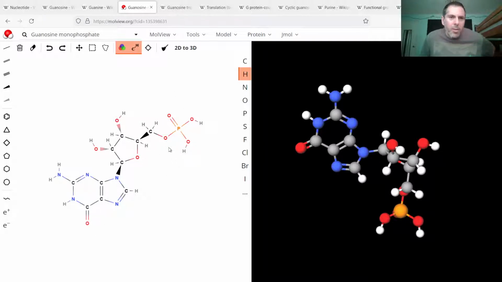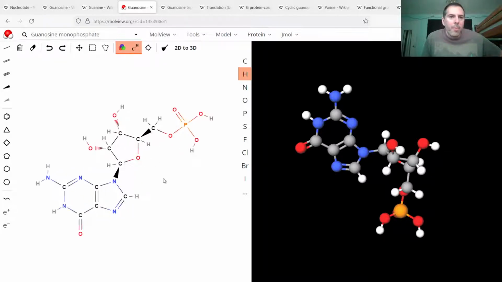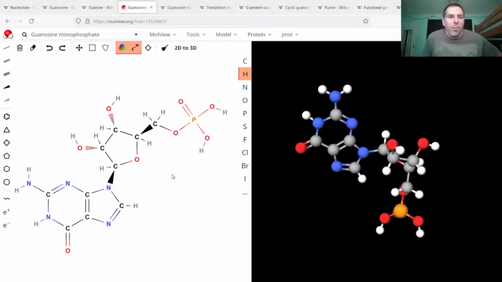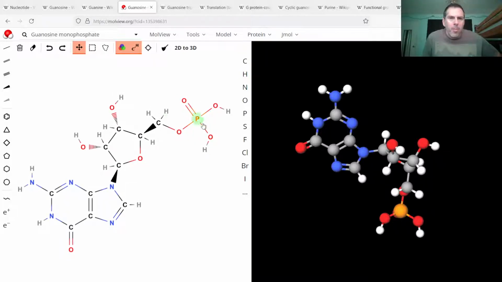So before I was in my amino acid playlist, I was drawing the amino acids, but I think with the nucleotides, it's probably easier just to bring up what they have and remove part of it. So kind of deconstructing this, I'll kind of chip away at it from the phosphate side.